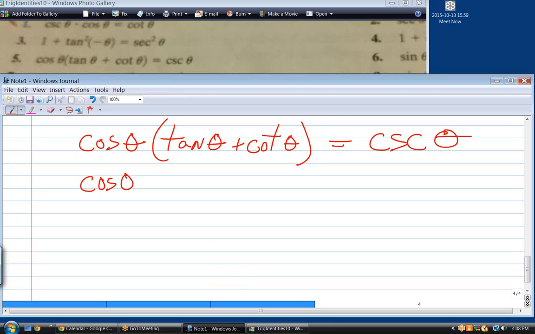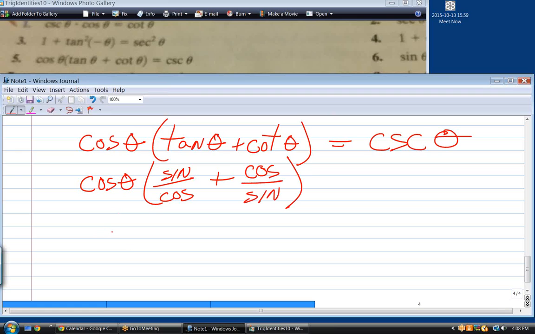So it's cosine theta and then sine over cosine, and then plus cosine plus sine, cosine over sine. Yeah. Okay. Multiply out, what do you have?